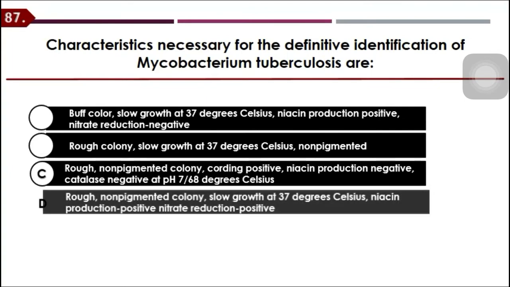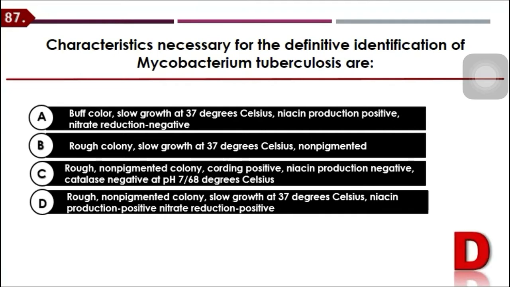And is it letter D, rough, non-pigmented colony, slow growth at 37 degrees Celsius, niacin production positive and nitrate reduction positive. Of course, correct answer po is letter D. Again, Mycobacterium tuberculosis colonies are rough, non-pigmented. They're with slow growth at 37 degrees Celsius po, niacin production positive, nitrate reduction positive.